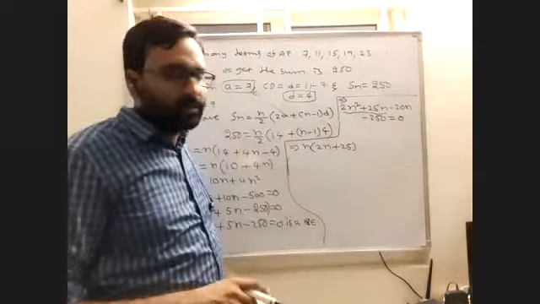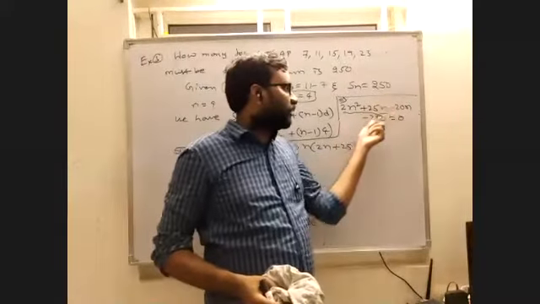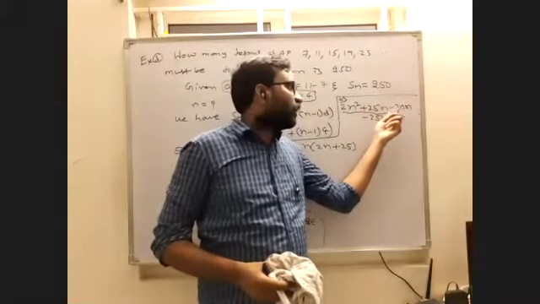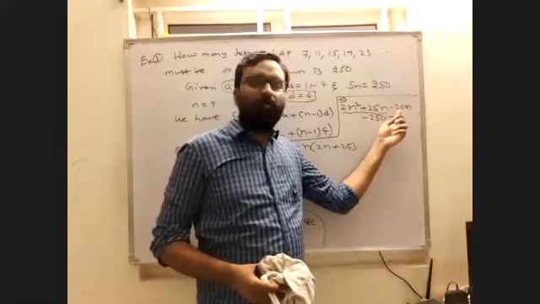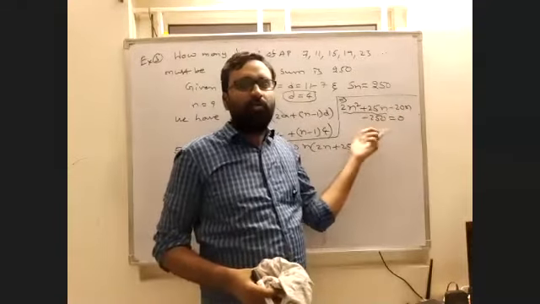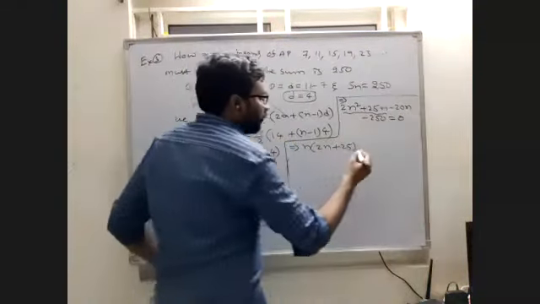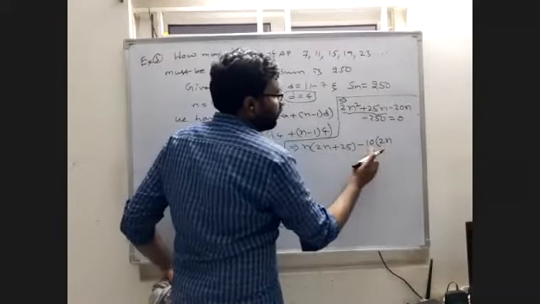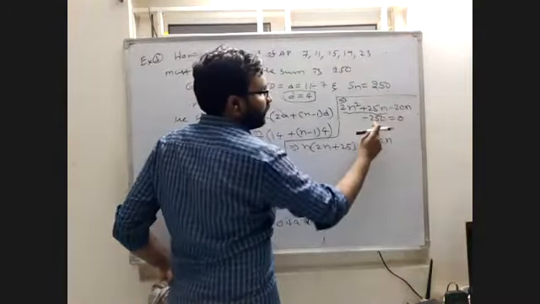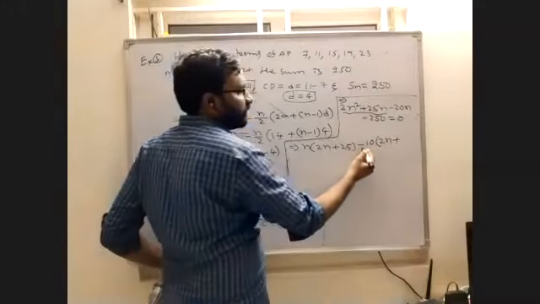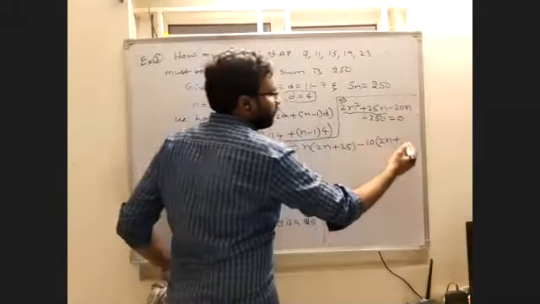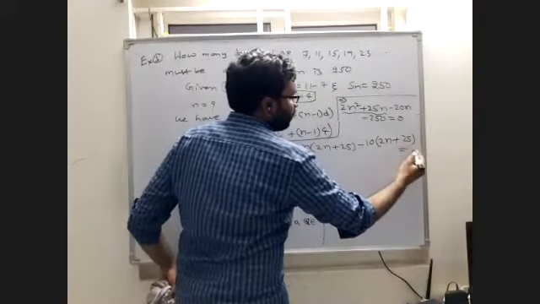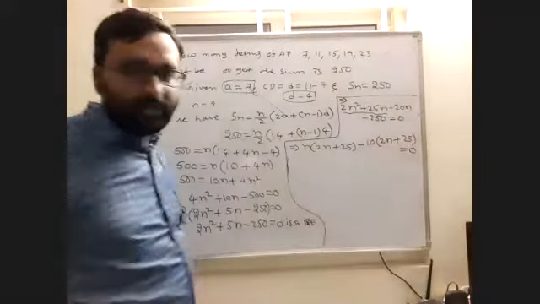What can we take common? 10 we can take common. 10 2s are 20. 10 into 25 is 250. So I am taking minus 10 common. Then remaining here 2n, 10 into 2 is 20n. And here minus is already common, so plus. And 10 into 25 is 250.